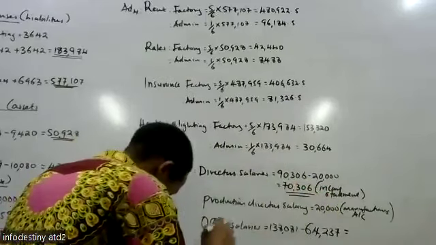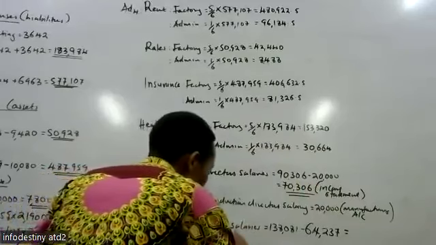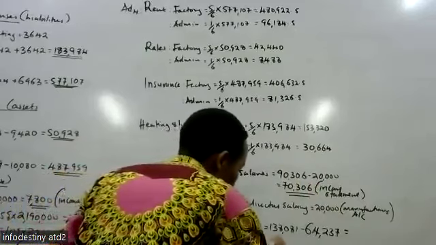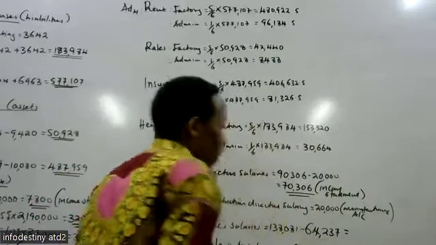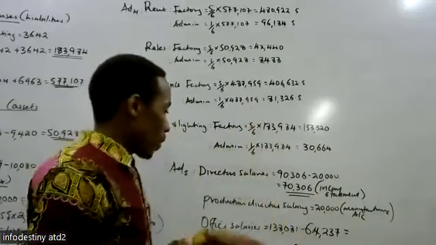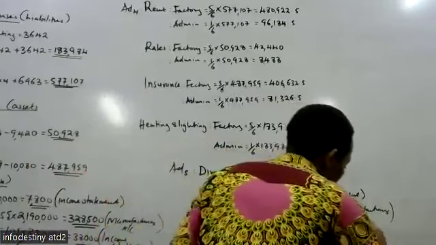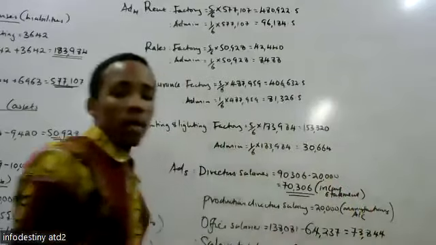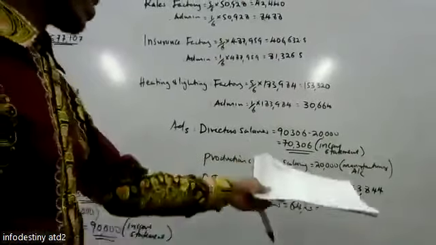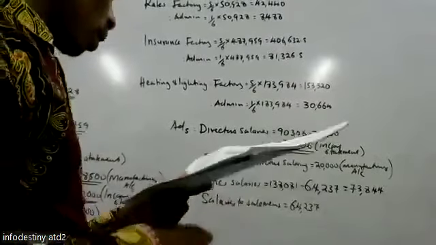Then we'll have salaries to salesmen, which is the 64,237. So 138,081 minus 64,237 is 73,844. Both of them, the adjusted office salaries and the salaries to salesmen, we record under the income statement.